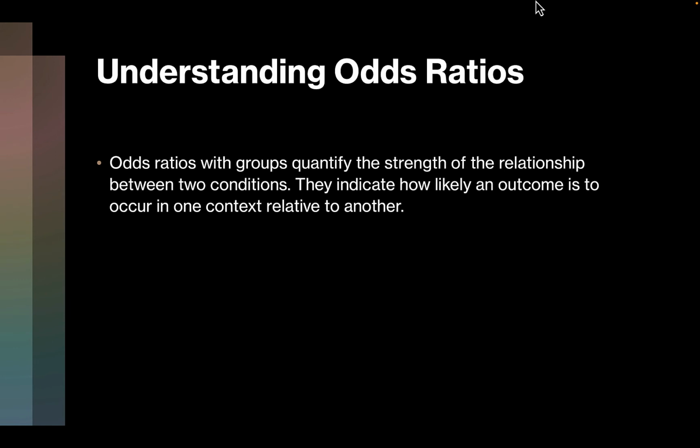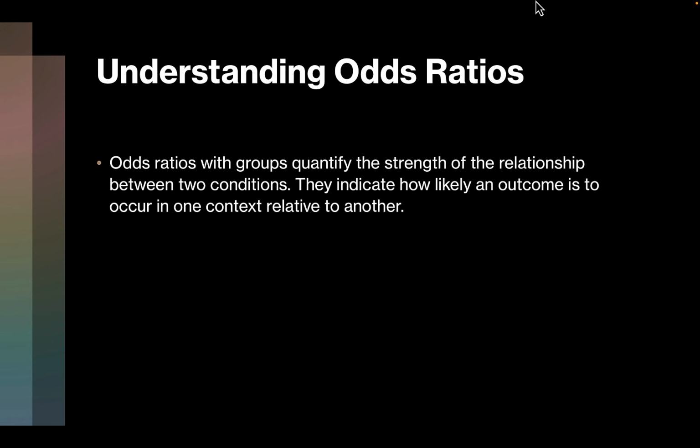All right, before we go into an example, let's talk just a little bit about odds ratios, because this is the output that we get in logistic regression that we use for interpretation and making meaning of the results. Odds ratios with groups quantify the strength of the relationship between two conditions.